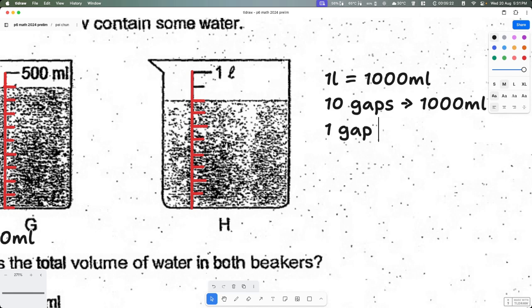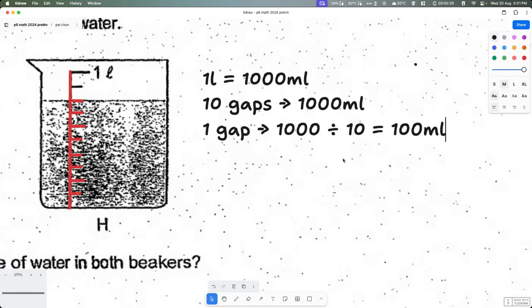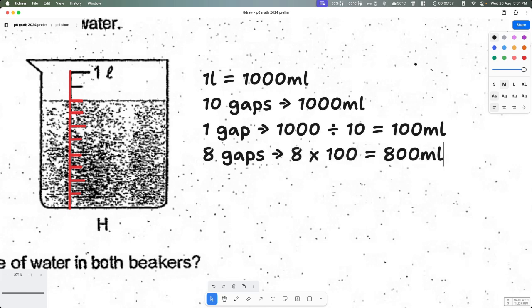One gap is equal to 1000 divided by 10, which is 100 ml. We have 8 gaps here, so 8 times 100 is 800 ml.